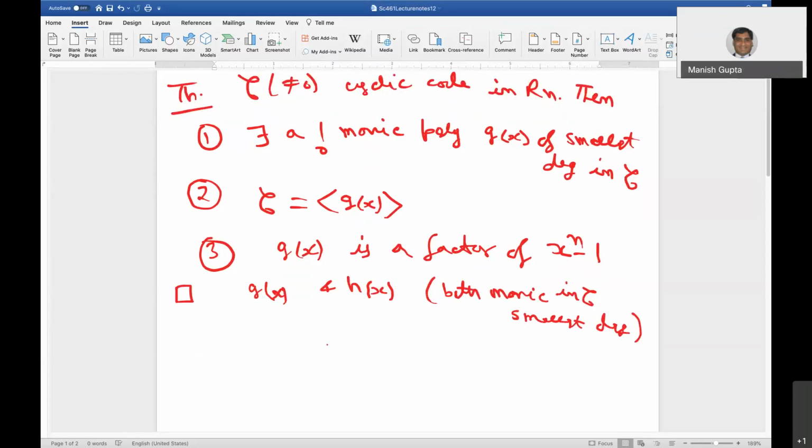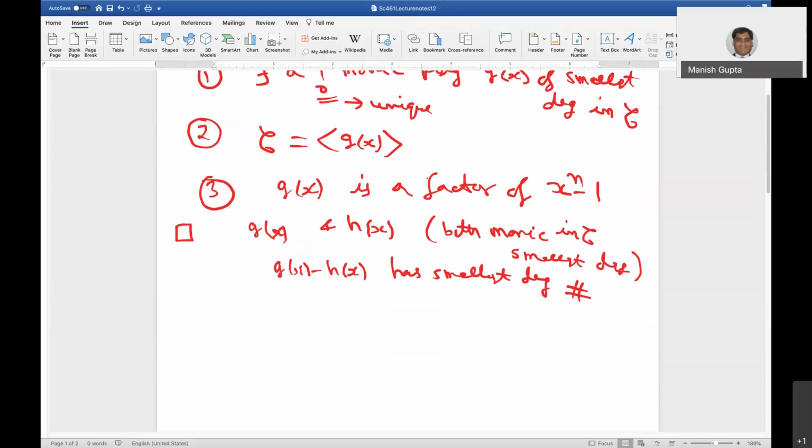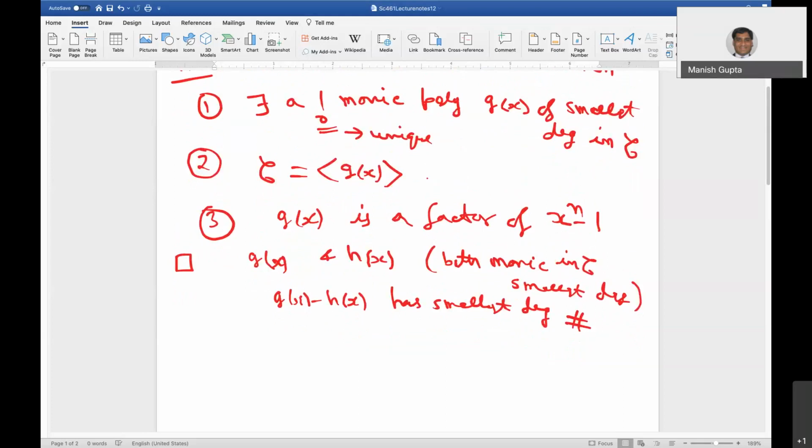Then if I consider g(x) minus h(x), this is a polynomial of degree less than both g(x) and h(x), right? And this has the smallest degree, which is a contradiction. So this polynomial is unique. g(x) is a unique monic polynomial of smallest degree in C.